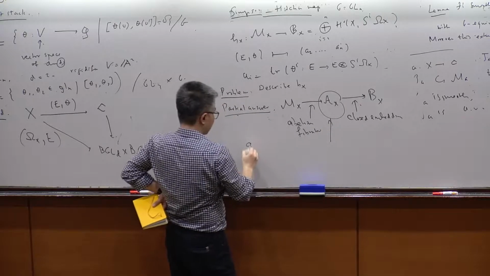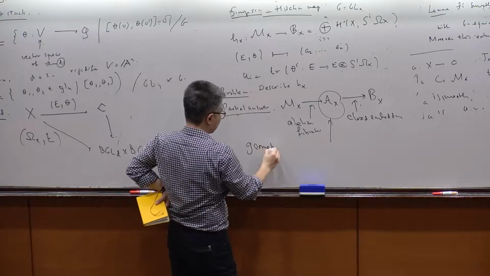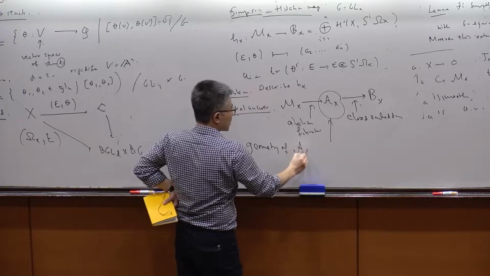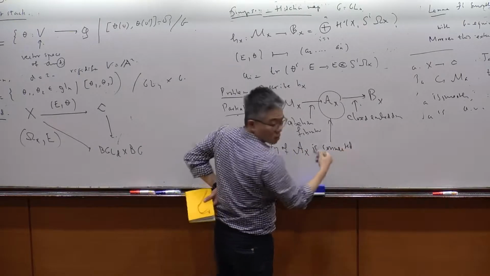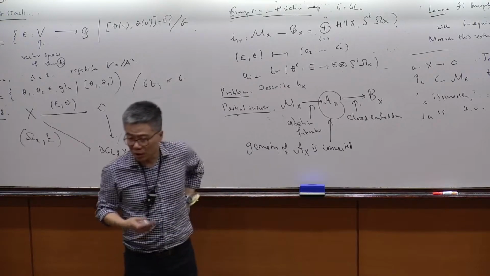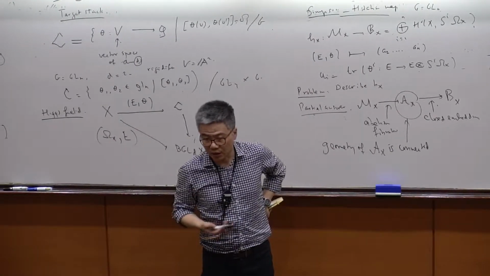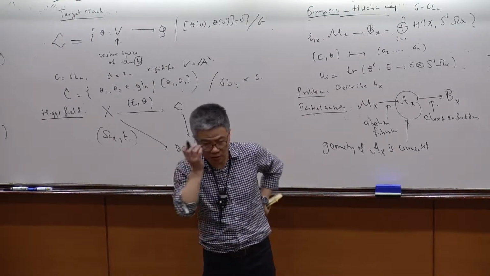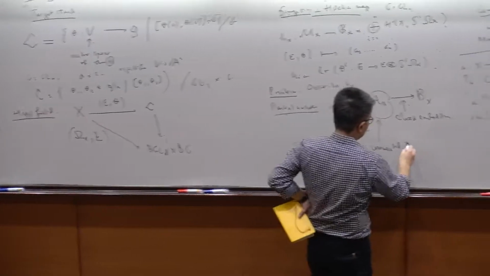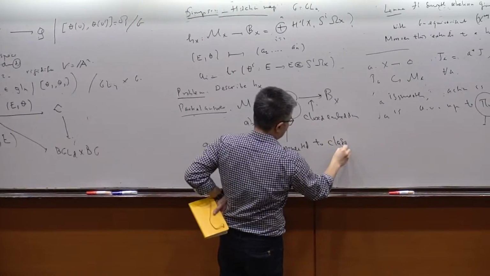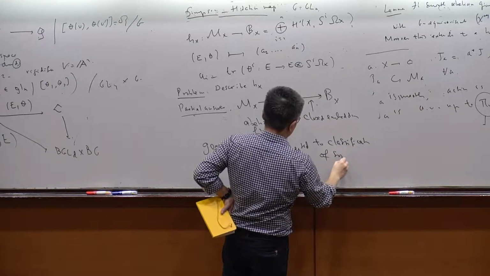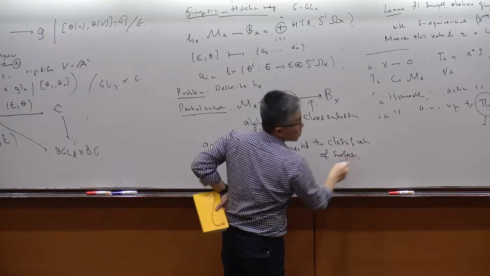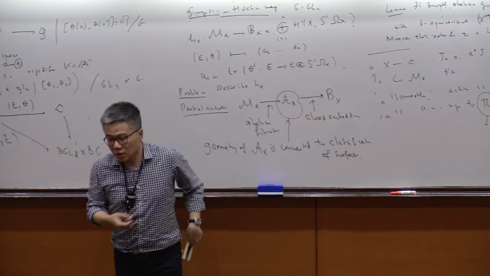So the geometry of Ax seems to be connected intrinsically to algebraic varieties of higher dimension, like classification of surfaces, stuff like this. So that is why I think it's very important.